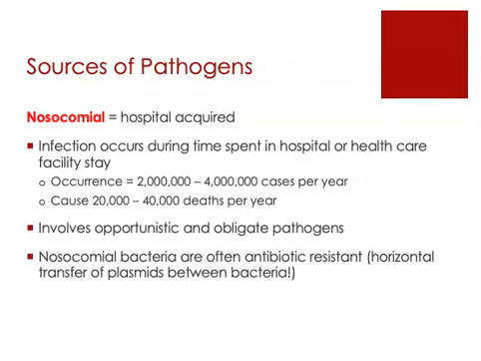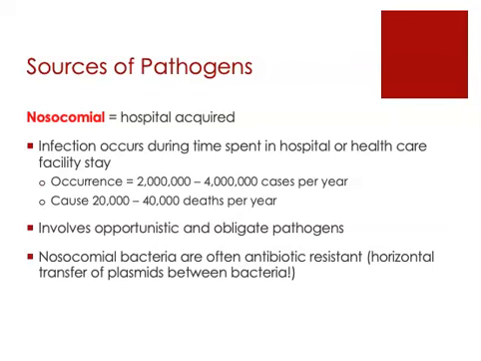So there are some pathogens that get transmitted in the hospital setting, and it's become very problematic for hospitals to deal with these nosocomial pathogens and the infections they cause. Unfortunately, when people go into the hospital for one disease or one problem, they can come out of the hospital with a brand new problem, which is an infectious disease.